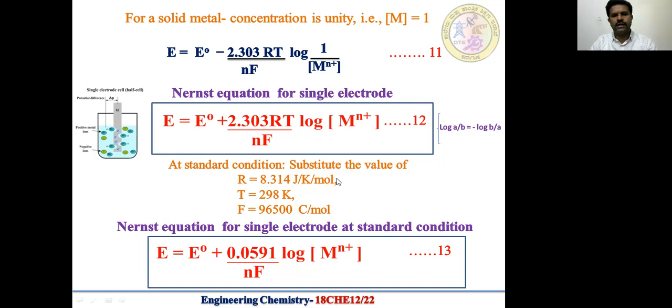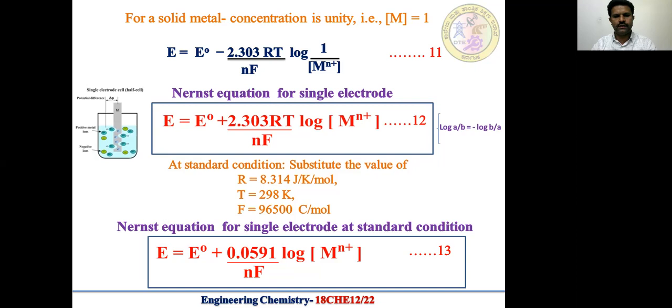At standard conditions, we substitute the values of the universal gas constant R equal to 8.314 joules per Kelvin per mole, temperature T equal to 298 Kelvin, and Faraday's constant, 96,500 coulombs per mole.